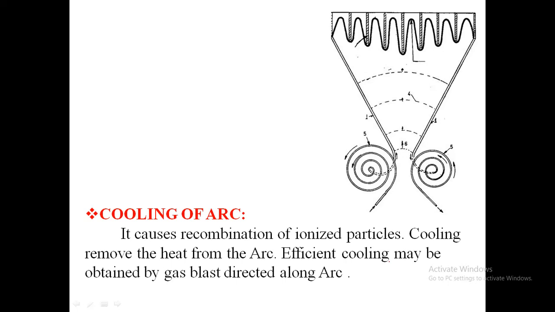Coming to cooling of the arc, recombination of ionized particles can be done. By cooling the arc, heat is removed from the arc. This is done by bringing the arc contact into contact with cooled air. Due to the cooling, the arc diameter reduces, which will increase the resistance.